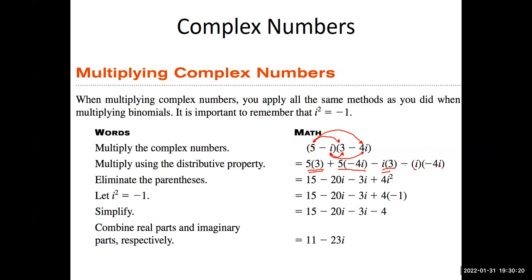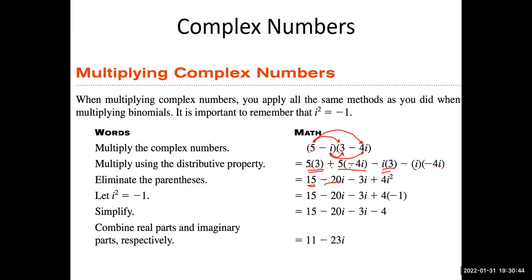Okay. So, 5 multiplied by 3 is 15. 5 multiplied by negative 4i is negative 20i. Positive, negative, so negative.